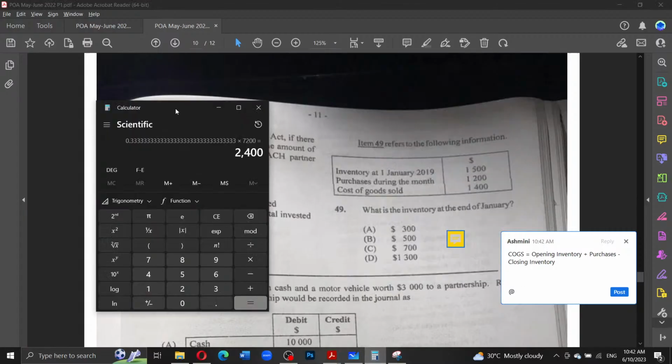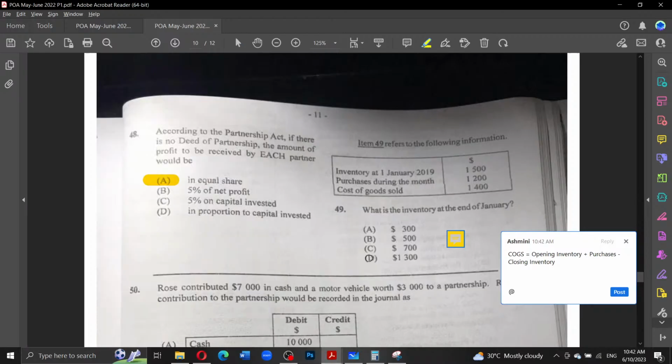So we have opening inventory as 1500, we have purchases at 1200, and we have cost of goods sold at this amount. So basically you have to minus something from this amount to give you 1400. So let's see, minus 1400, and the amount that's supposed to be minus is 1300.